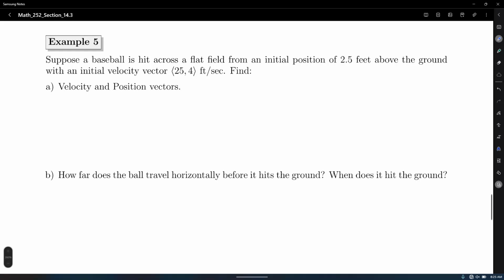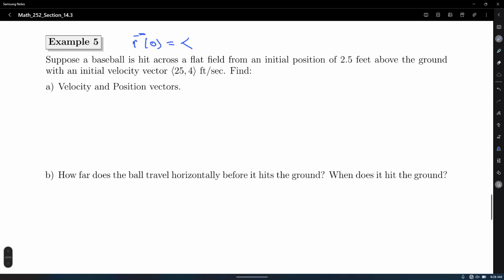Because this is a vector valued function, we need vectors. We're given the initial velocity as a vector, but they're just giving us a scalar as the initial position. We need to turn that into a vector. They're telling us the initial position is 2.5 feet above the ground, so we need to represent that using a vector. Let's write the vector R of 0.